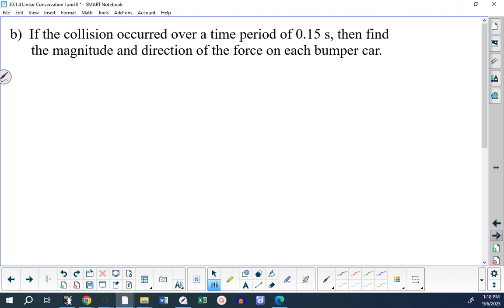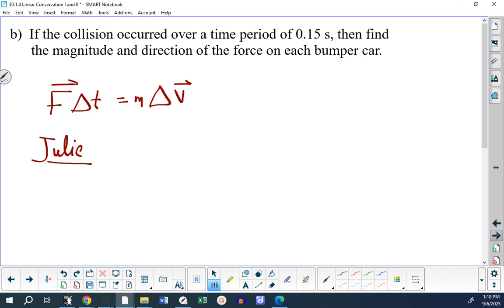Well, what we're going to do is use F delta T equals M delta V for Joule and for Bill. Okay? And here is where I'm going to have to rely on some of you to tell me some numbers to make sure I have them right. So let's do this for Joule. F delta T is 0.15. Joule's mass is 250.